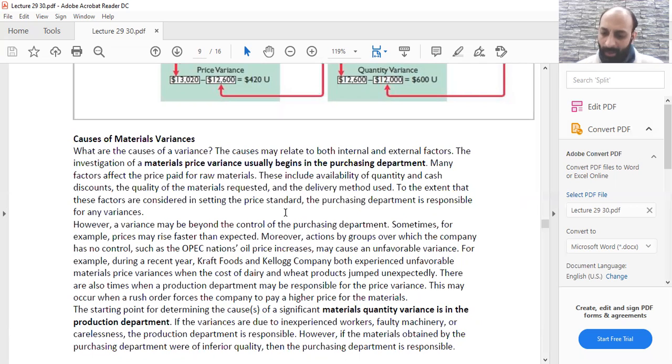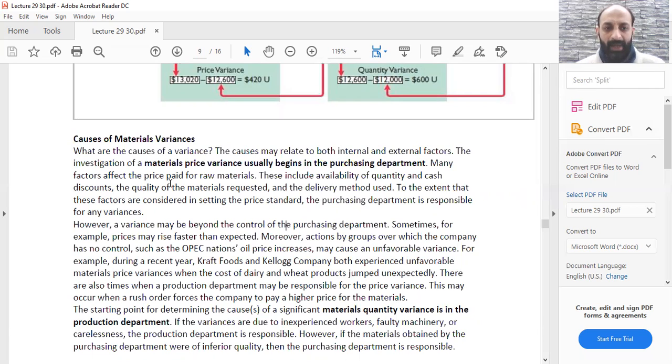Whether the raw material you purchased was of good quality or not? Because remember, if the raw material is poor, you will always end up using more raw material to produce your products. Why? Because your wastage or spoilage is always greater when the raw material is of poor quality.